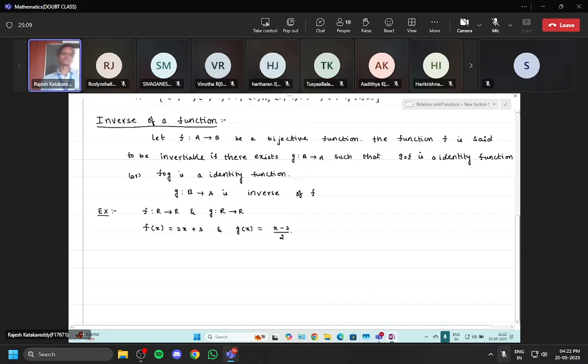Now, there is no doubt f and g are bijective functions, right? Linear functions are bijective.